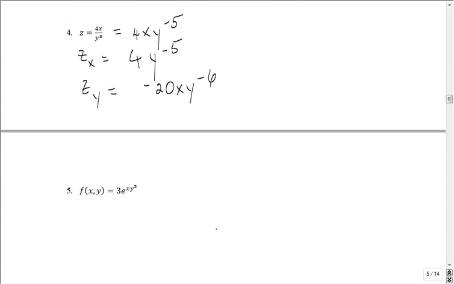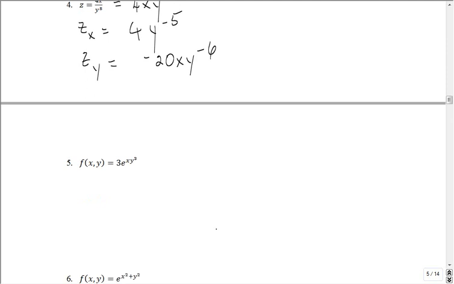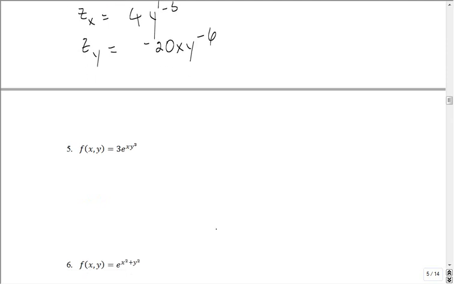Let's continue. Number 5. Partial of f with respect to x. So that is where you need to think of chain rules. You need to think of what happens when you differentiate the exponential function, e. You get the same thing upon differentiating.